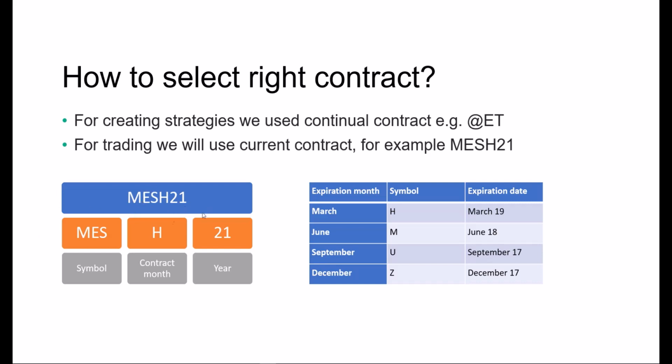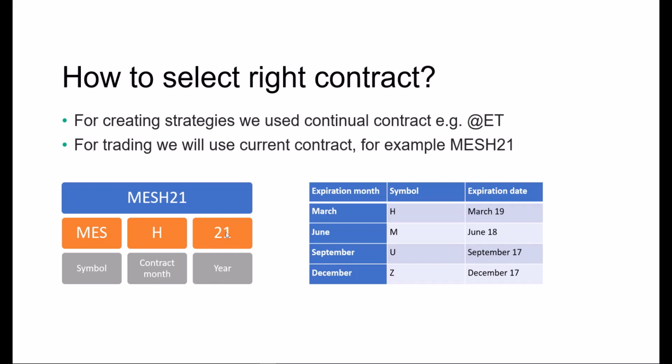In this case, for running live we will use MESH21, and it consists of 3 parts. The first part is basically this symbol, this MES micro S&P 500. The second part is H, which is contract month, and the third part is 21, which is year.